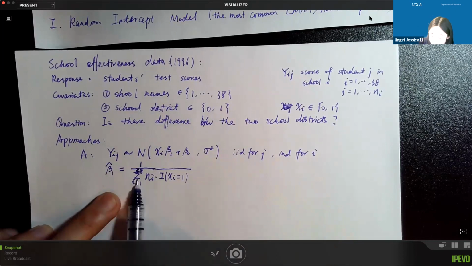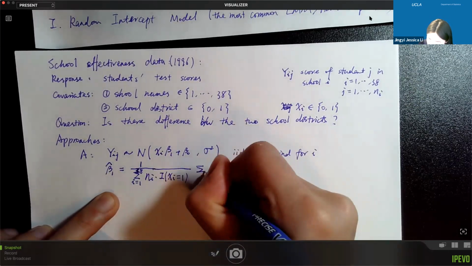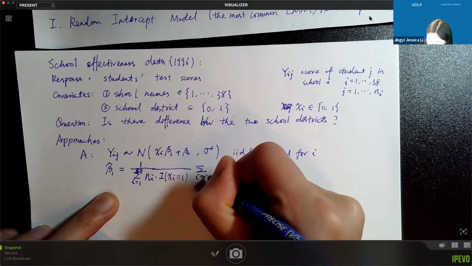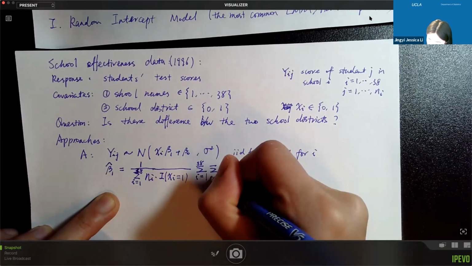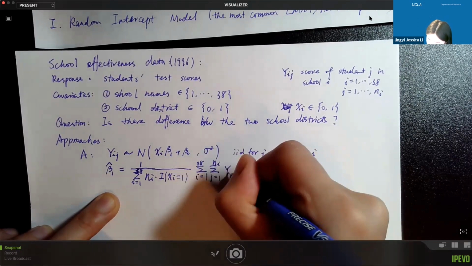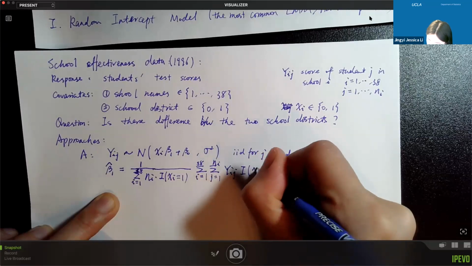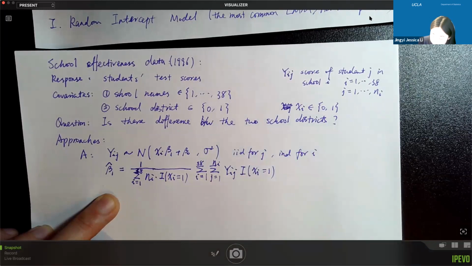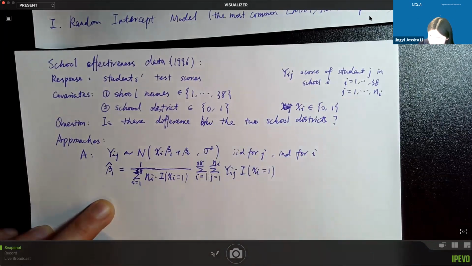And I'm calculating the total number of students in District 1. And then I take the sum of the students, Yij, if Xi is equal to 1. I can move this indicator outside of the sum, but that doesn't change the result.